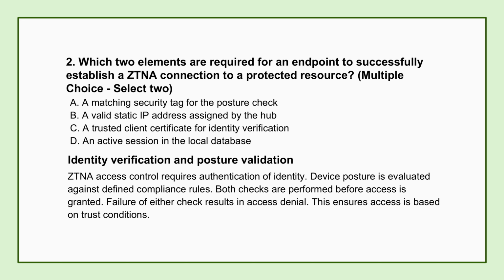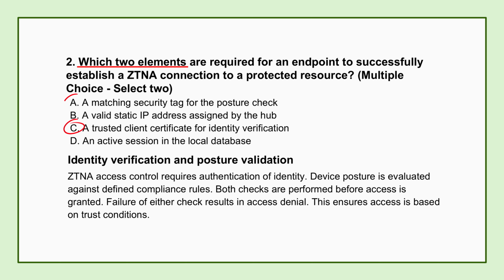This is where identity gets really serious. You've proven your device is compliant with the tag, but we still need strong cryptographic proof of the actual user's identity. And the source material is crystal clear on this. A successful ZTNA connection requires 2 things: that matching security tag for device compliance and a trusted client certificate for identity. It's that cryptographic proof that ties the person to the policy.